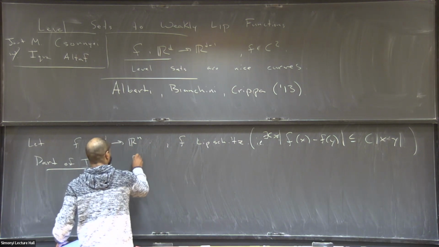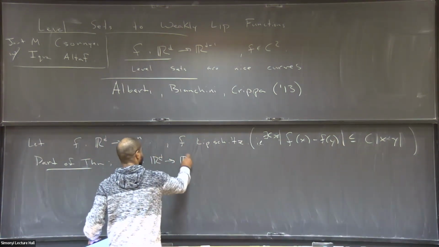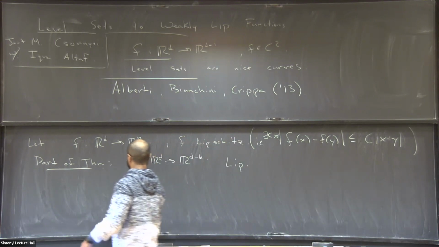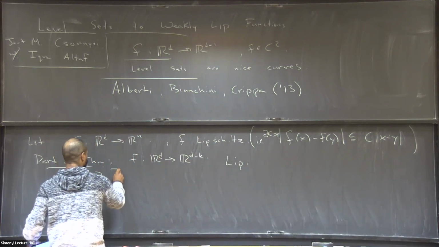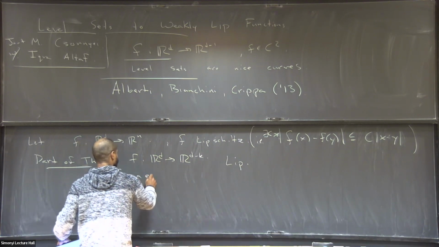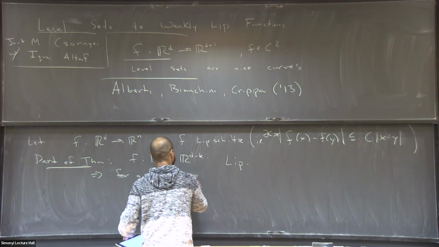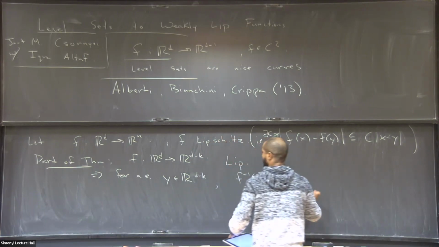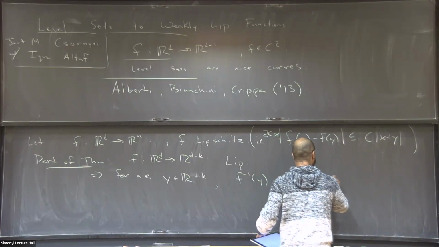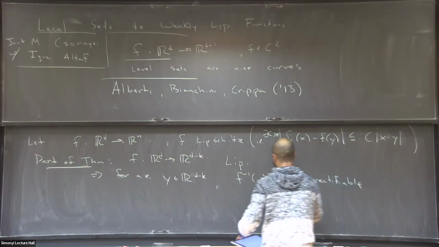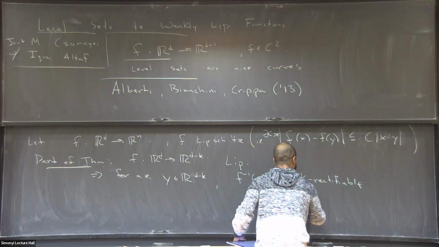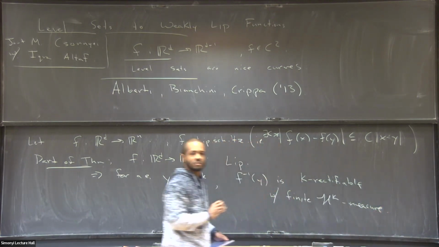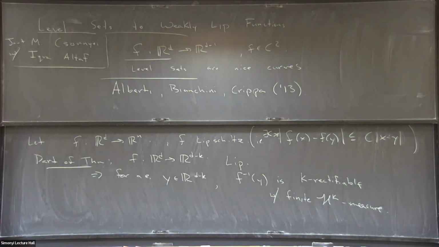That if you have F, then for almost everything, rectifiable. This is not a big deal here. This is just a coarea formula, essentially. You can prove this.